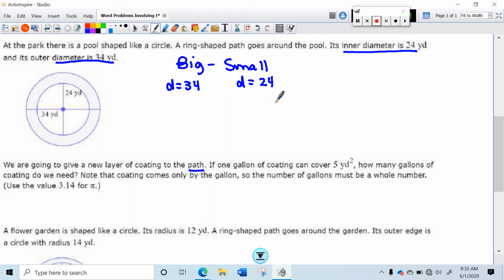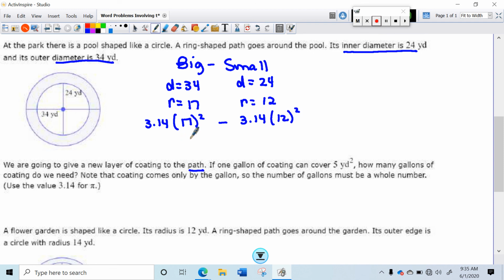However, the area of a circle is pi r squared, pi times the radius squared, and they gave you the diameter. So the radius is half of that. So half of 34 is 17, and half of 24 is 12. Those are the numbers you need to use in the formula. So I've got pi r squared minus pi r squared.